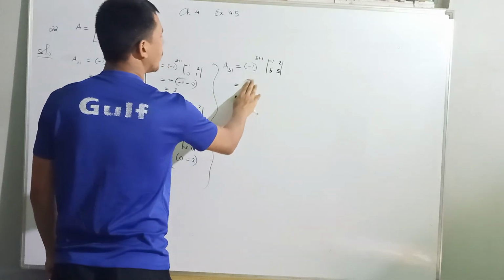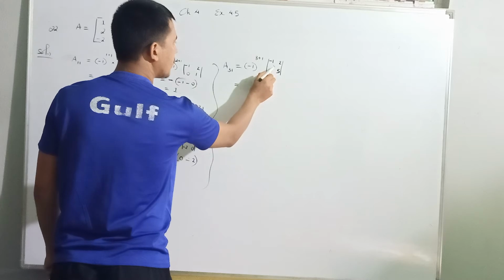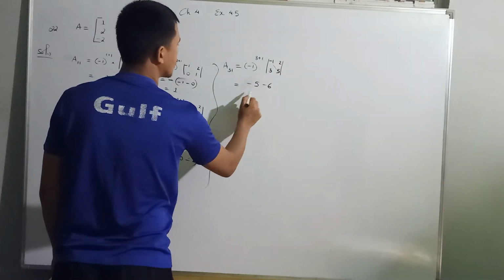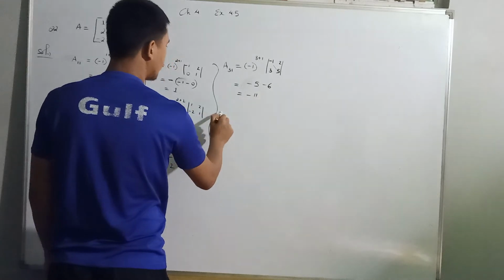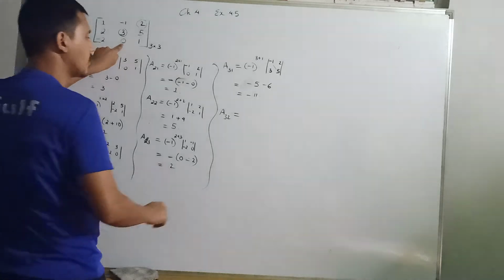So minus 1 to the power 4 is positive. Minus 1 times 5 is minus 5. Minus 3 times 2 is 6. That is minus 11.